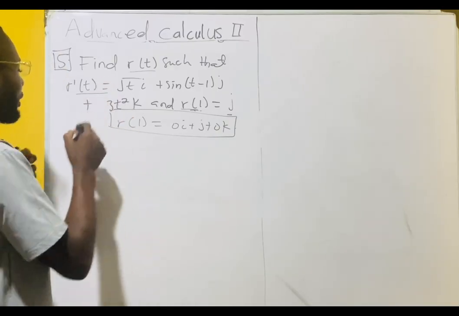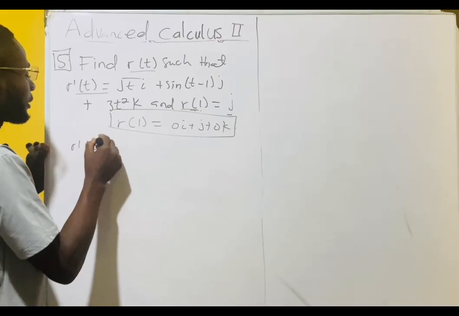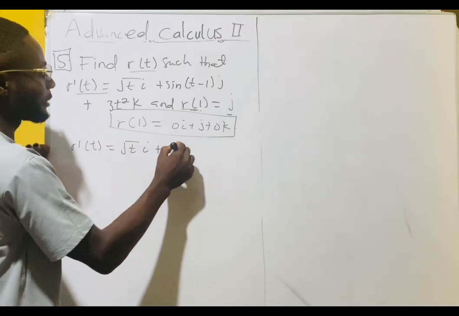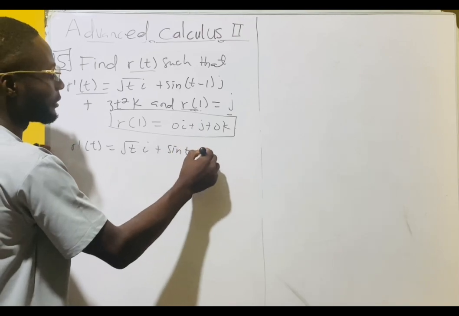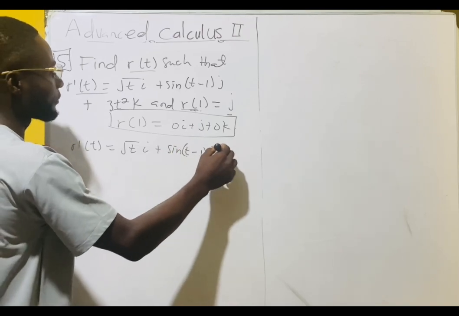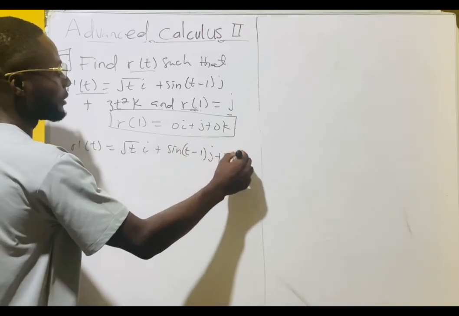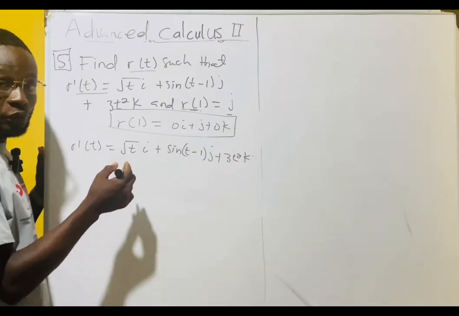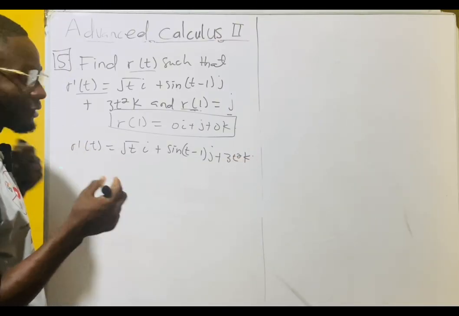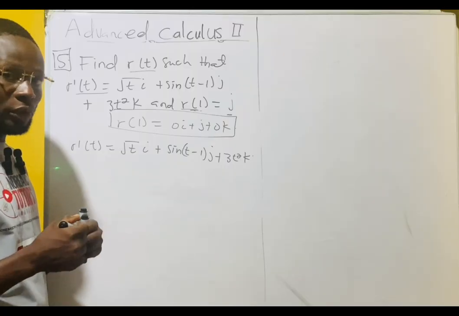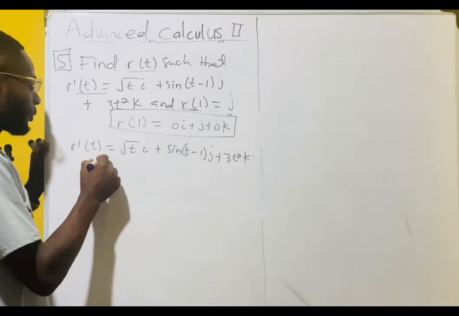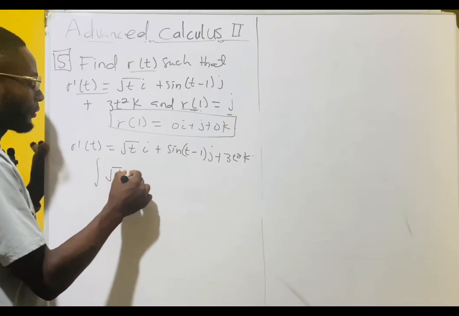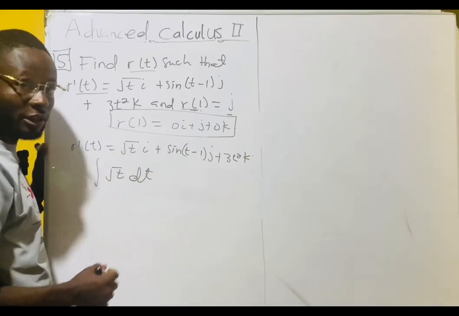So r prime of t is equal to square root of t i plus sine of t minus 1 j plus 3t squared k, right? So we are going to go component wise, we integrate component wise. So we integrate the first part with respect to t.